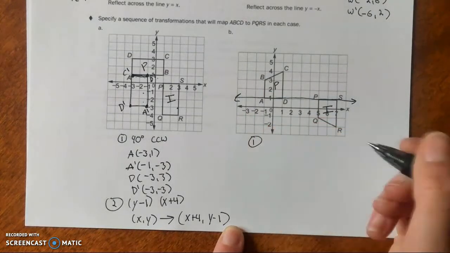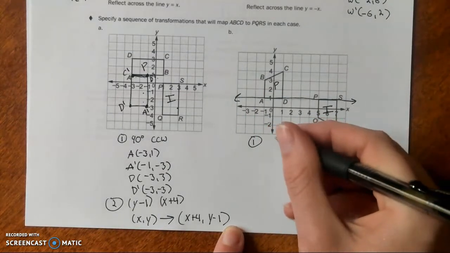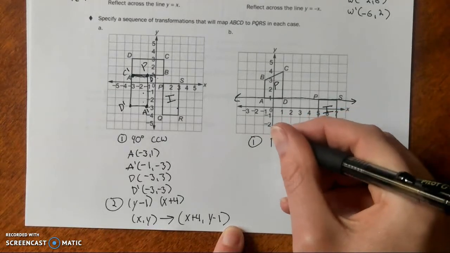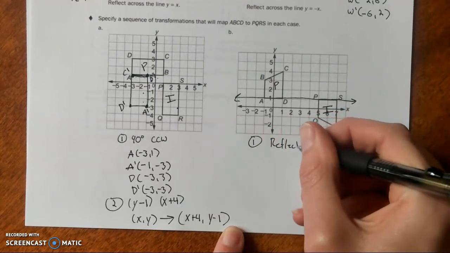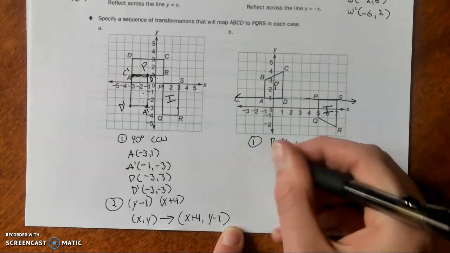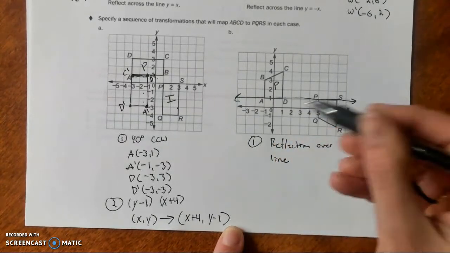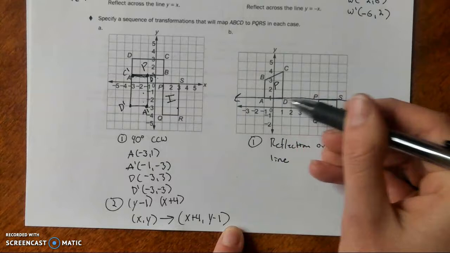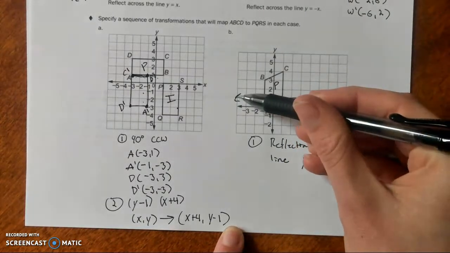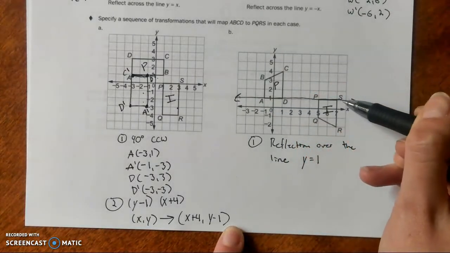So transformation number 1 is a reflection over the line, and this is y equals 1. Y equals 1. So y will always equal 1 across this line.